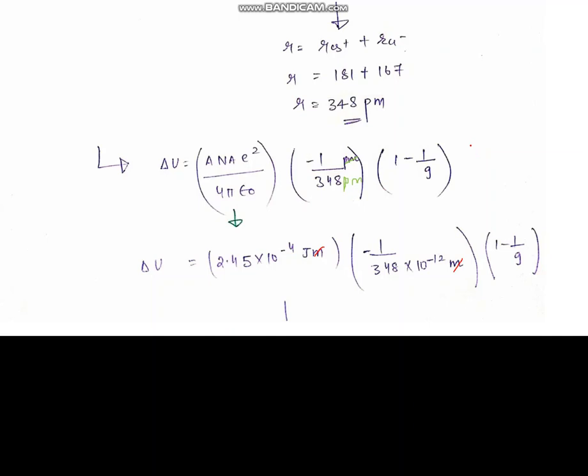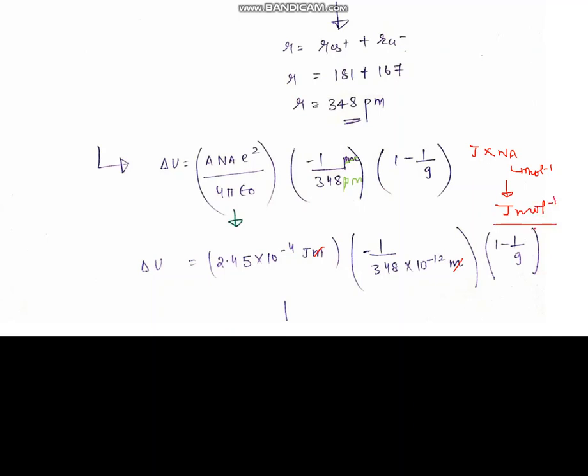If we multiply this joule by Na, your Avogadro's number, whose unit is mole inverse, and whose value is 6.023 into 10 to the power 23 mole inverse, you'll get the value in joules per mole.